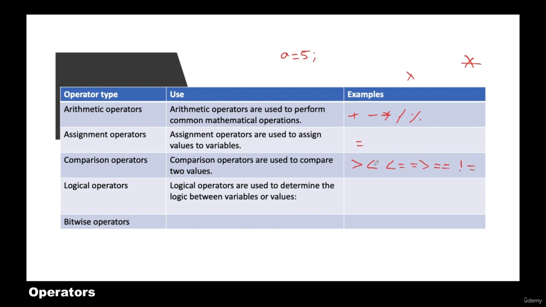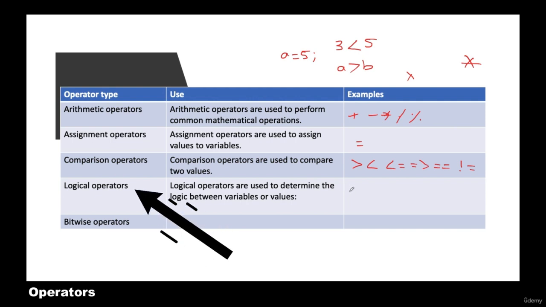All these symbols are comparison operators. We can use them to compare two values. We have 3 and we have 5. How can we compare? 3 is less than 5. So if we have two variables a and b and we want to compare them, a greater than b, we can use the comparison operator.